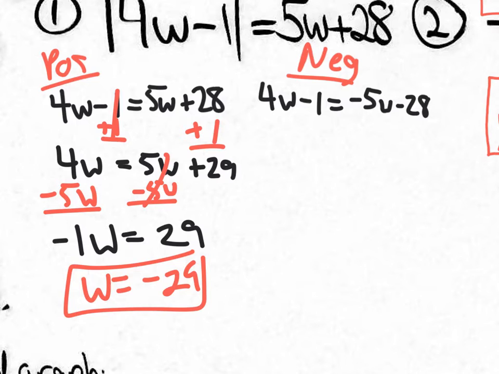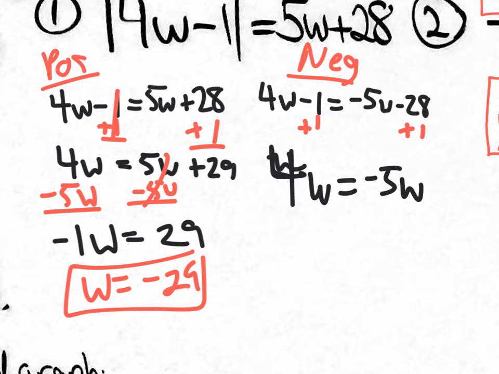Let's go for the negative situation now. The negative situation, we're going to add 1 to both sides. We're going to end up with 4w equals negative 5w minus 27. And then we're going to move the 5w over, plus 5w plus 5w.